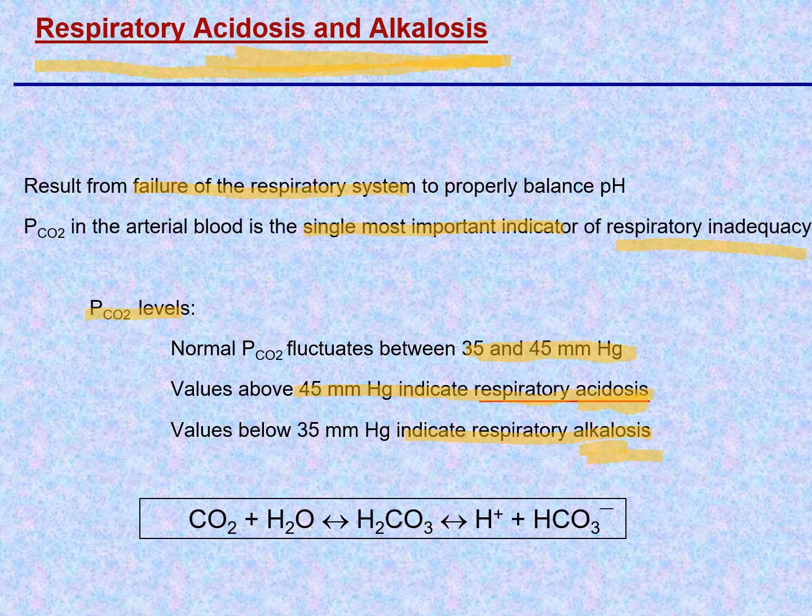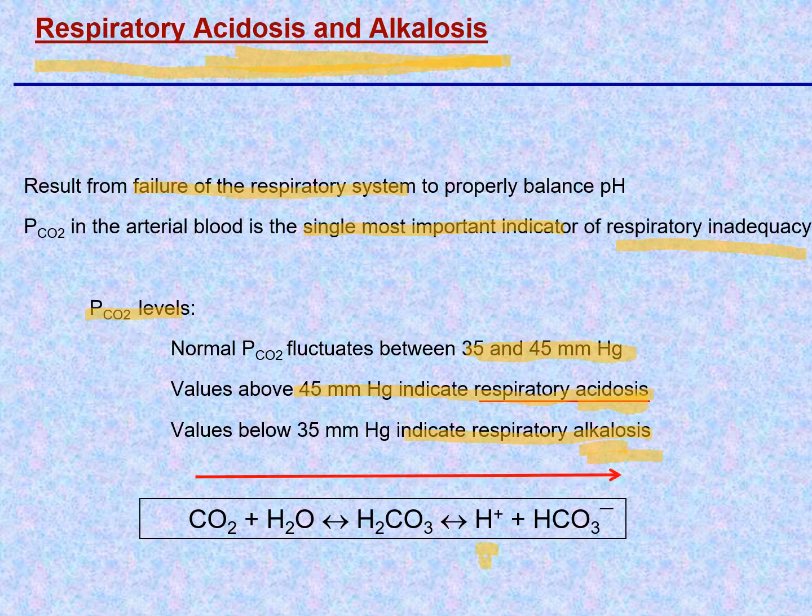In the case of respiratory acidosis, as I said, what you have is a high PCO2, and the equation is moving from left to right, and so hydrogen ions are accumulating, and you get into acidosis.